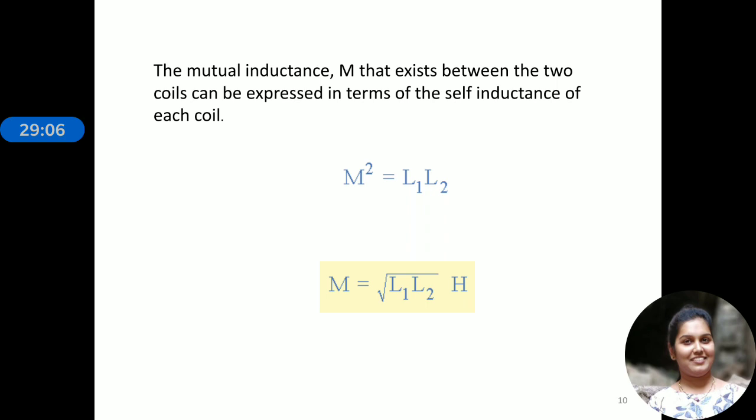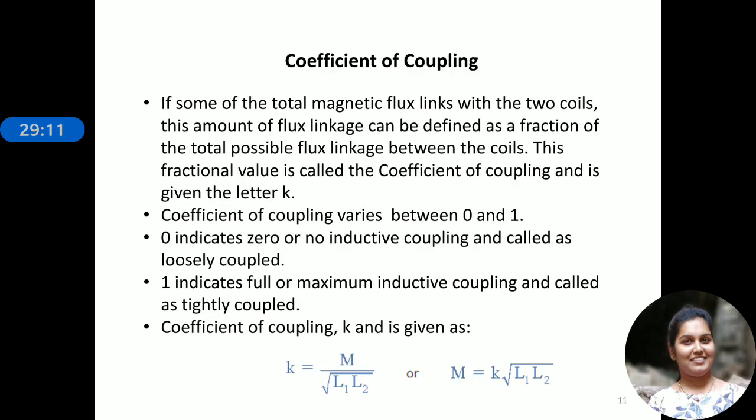This fractional value is called the coefficient of coupling, and it is generally indicated by the letter K. I repeat, the amount of magnetic flux linkage with the two coils can be defined as a fraction of the total possible flux linkage between the coils, and this fractional value is called the coefficient of coupling, given by the letter K.